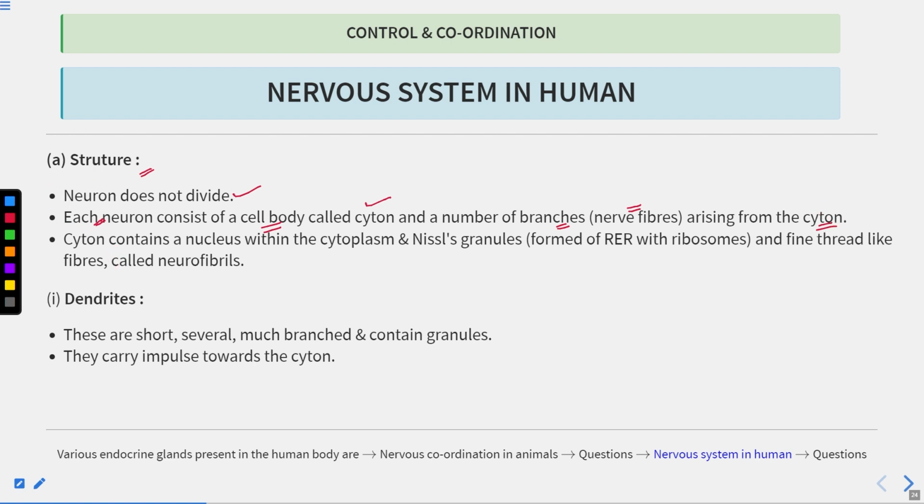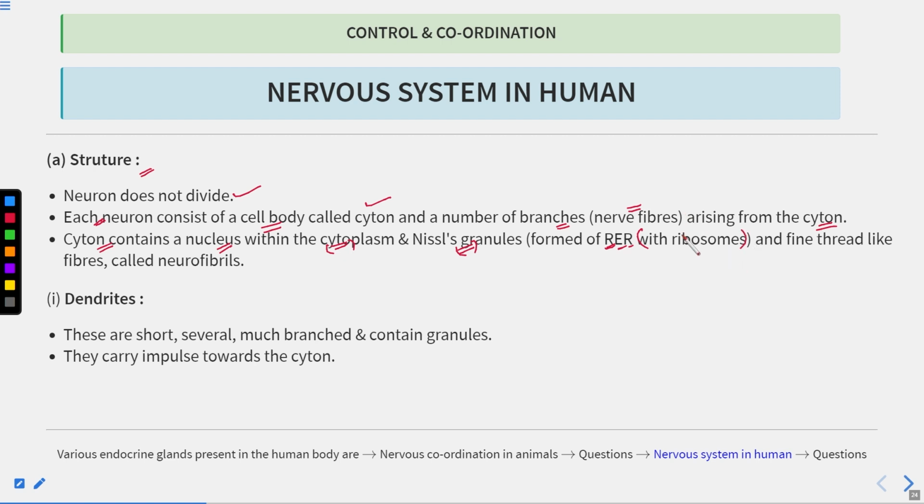Now the cyton or the cell body contains a nucleus, which is present within the cytoplasm, and Nissl's granules are also present within this cell body. What are Nissl's granules? They are formed of rough endoplasmic reticulum, which consists of ribosomes. Endoplasmic reticulum that has ribosomes on it is known as rough endoplasmic reticulum.